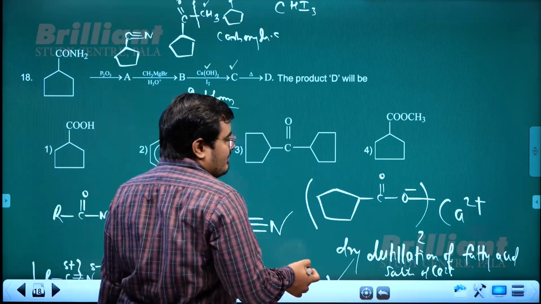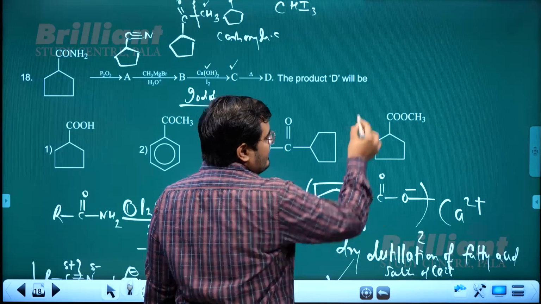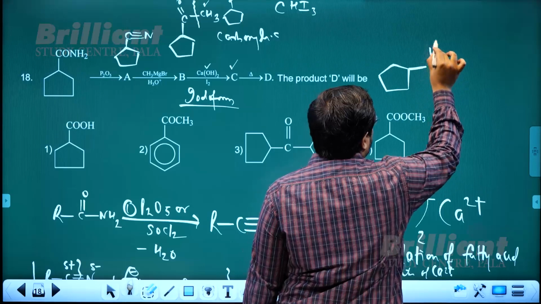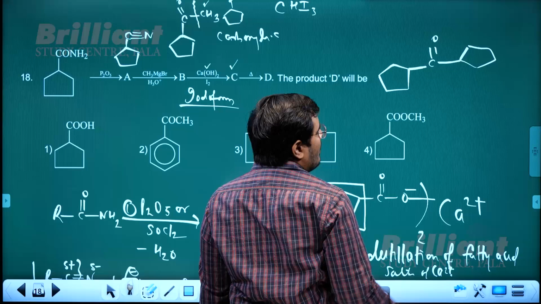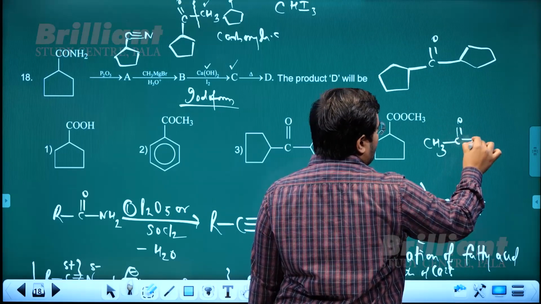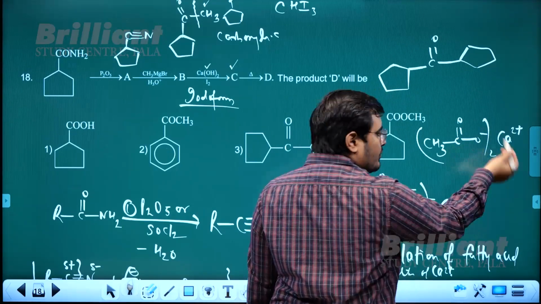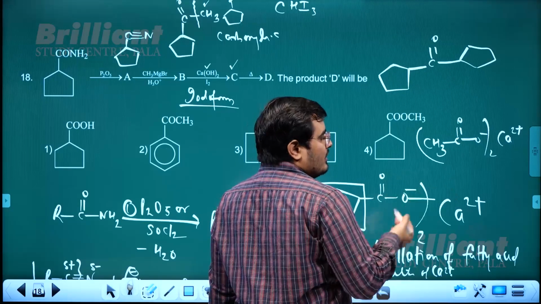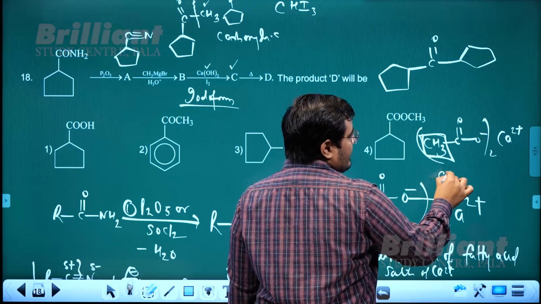And the ketone will contain this alkyl part on either side. So here the product will be CO, again with the 5-member ring. Or you can say, if the calcium salt is CH3CO minus, let's say acetate ion, 2 times calcium, then on dry distillation of this calcium salt, again here it will be ketone, in which this alkyl part will be there on either side.